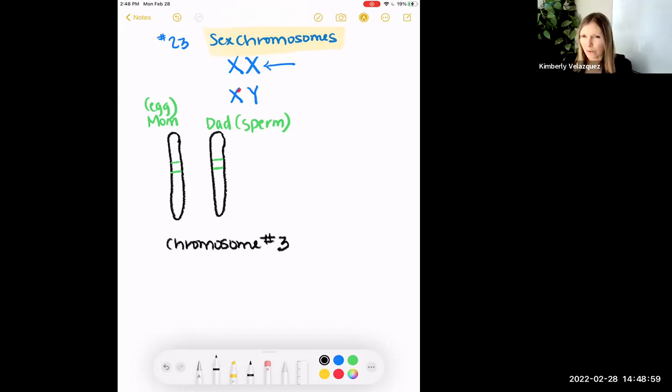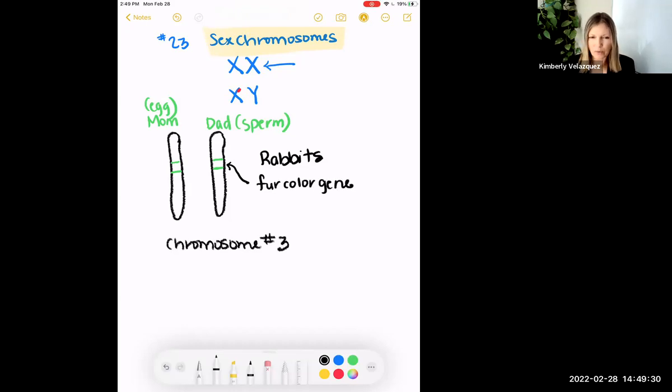Let's just start from the very beginning with some pretend traits. Let's assume that these are rabbits and not humans. And this is chromosome number 3 in rabbits. And on this chromosome number 3, let's pretend that this is the fur color gene.